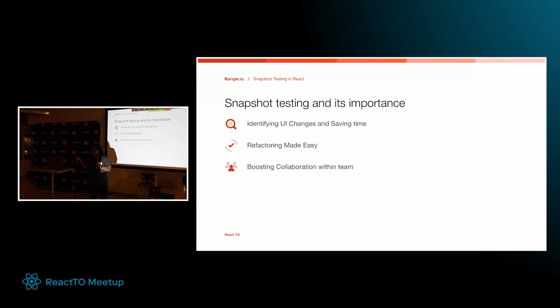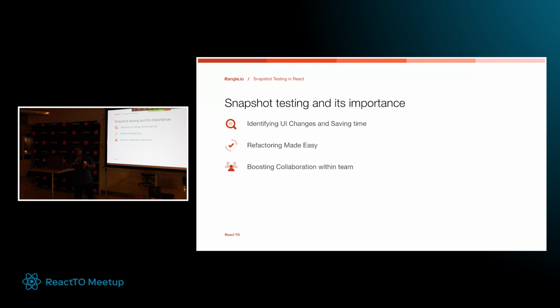In situations where we are refactoring our code or rearranging something for the better, they can easily run snapshot testing and find whether recent changes have broken our UI. Before it becomes a big issue, the developer can fix it. If no change happened, then we can be confident enough that nothing has broken the UI.